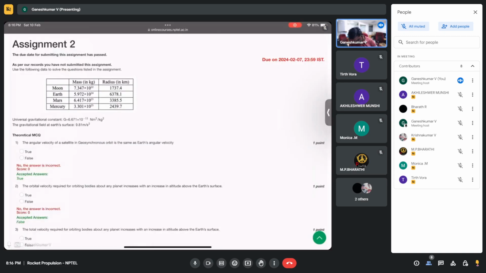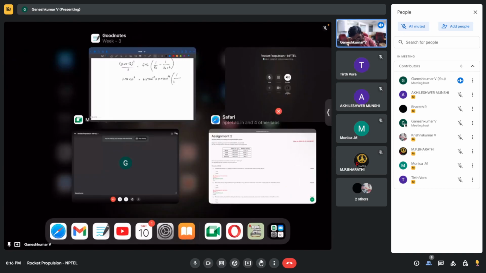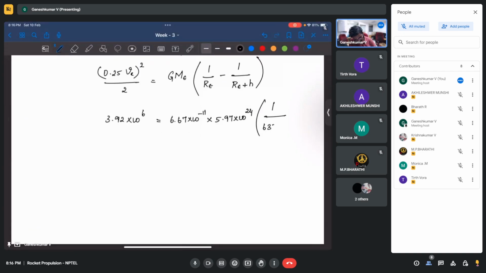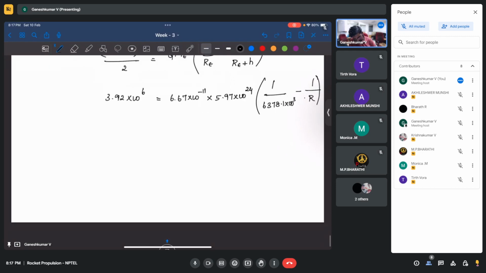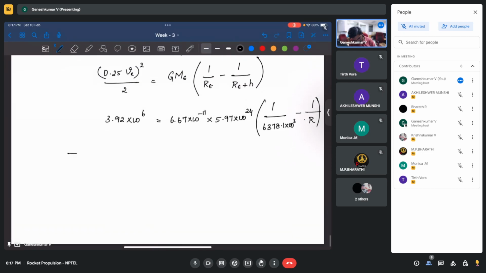How much is the radius of Earth? 6378.1 into 10 power 3. So how much is this R coming out to be?